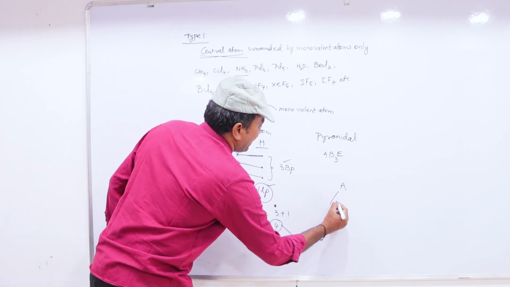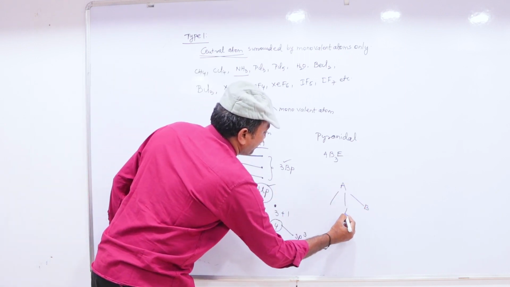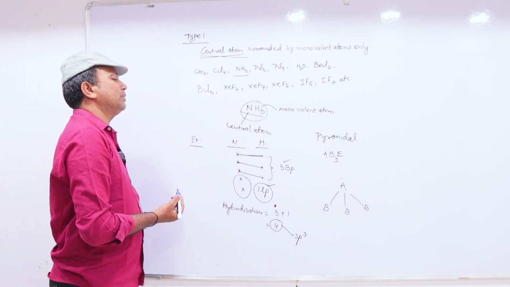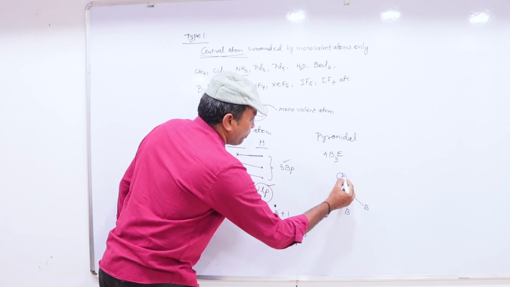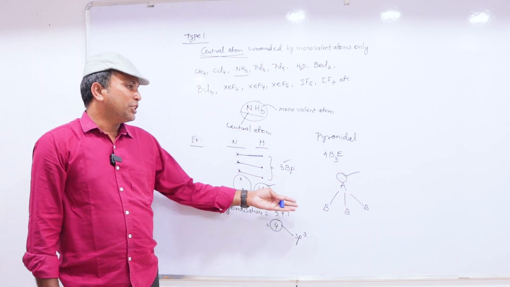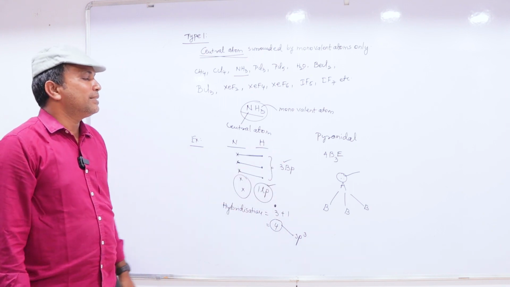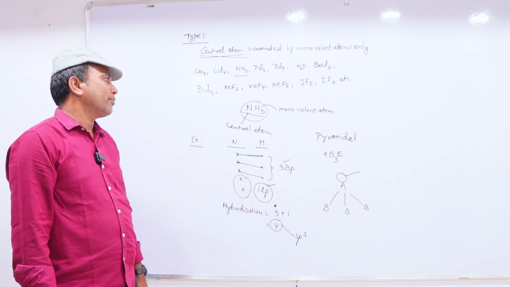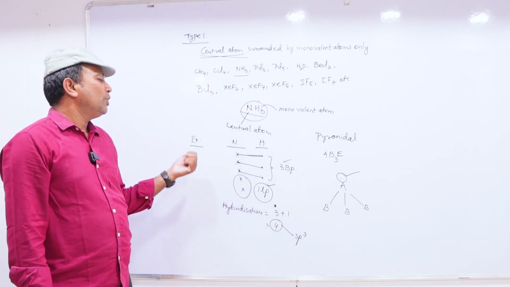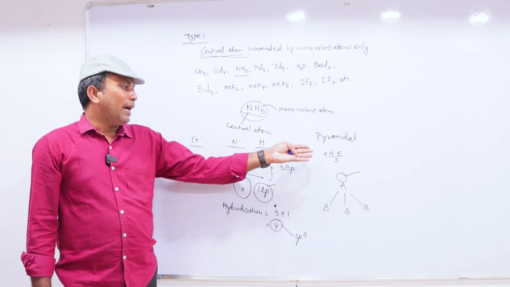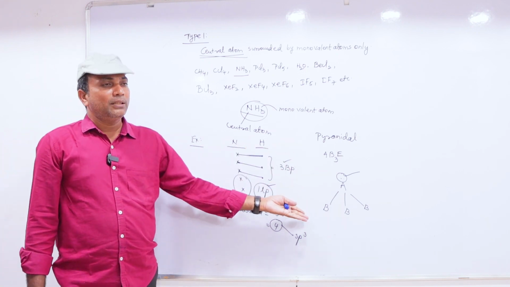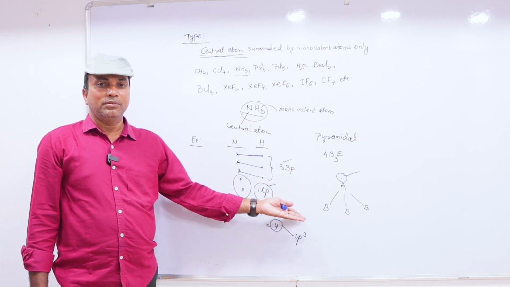The geometry is pyramidal. Like this, for all the examples we get hybridization, shape, bond pairs, lone pairs and type of the compound.